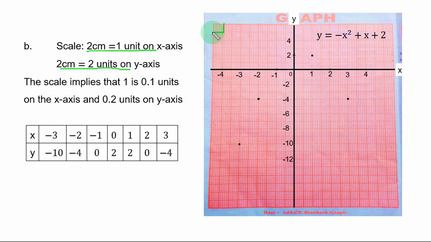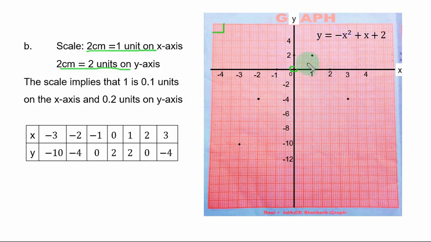So by the given scale on the x-axis, you need to combine two boxes from the origin to the end of the second box. You give it 1 unit. The next 2 boxes become 2, the next 2 become 3, and so on. If you move to the left, you have minus 1, minus 2, and so on.